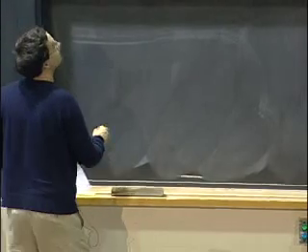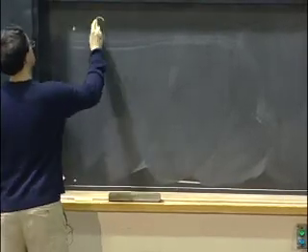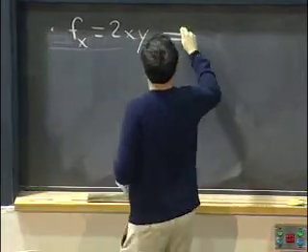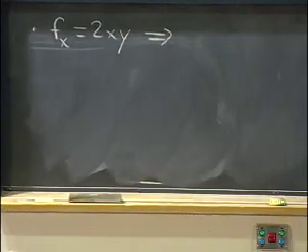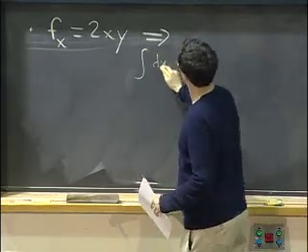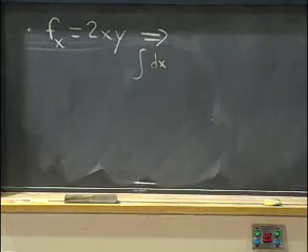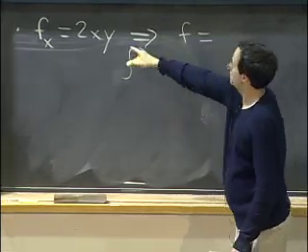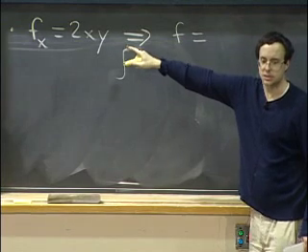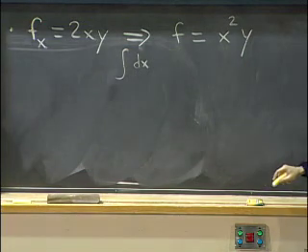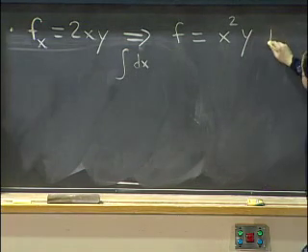Okay, so the first thing that we'll do, we know that f sub x is 2xy. That should tell us something about f. Well, let's just integrate that with respect to x. So that tells us that f should be, if we integrate that with respect to x, 2x integrates to x squared, so we should get x squared y, plus, of course, an integration constant.